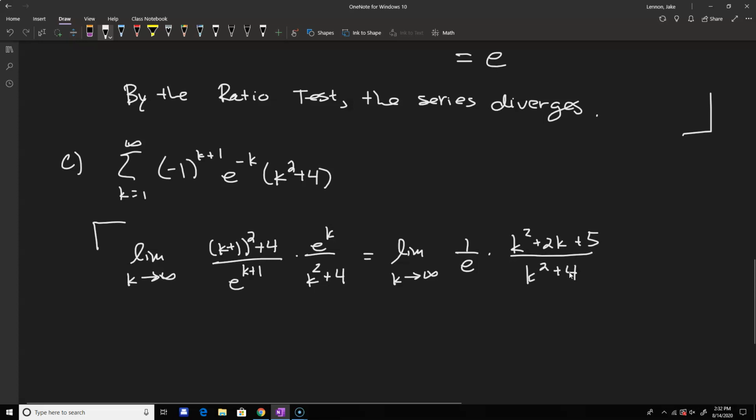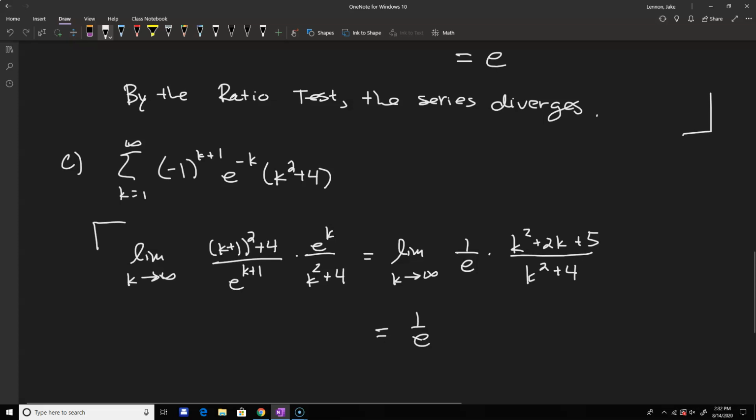Again, when you're looking at a polynomial, you understand that you really only have to consider the dominant terms. So that's k squared over k squared. So the polynomial part's going to have a limit of 1. So really, we're just going to have 1 times 1 over e. You could also use L'Hopital's rule twice if you wanted to verify this. So this limit just comes out to exactly 1 over e.